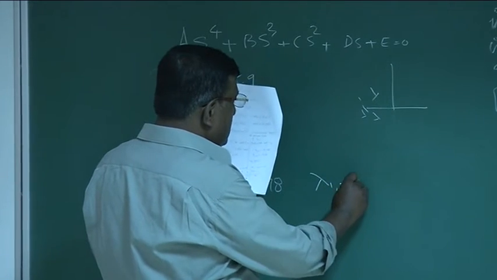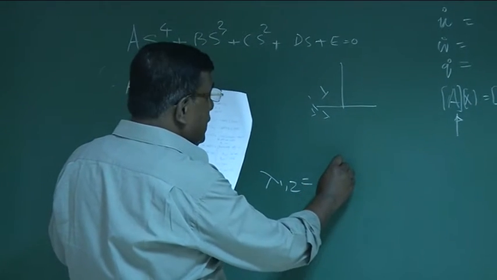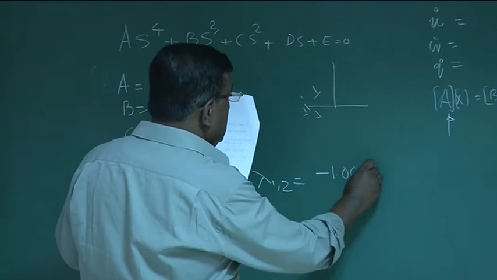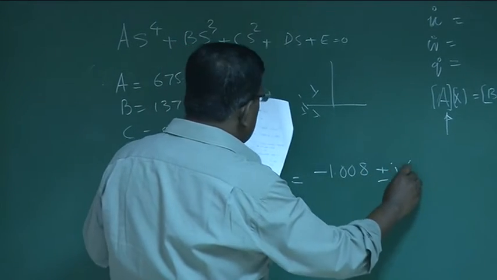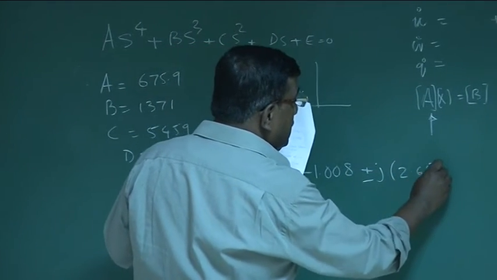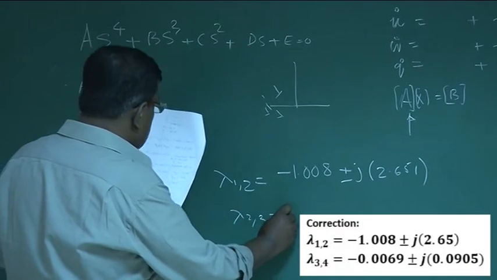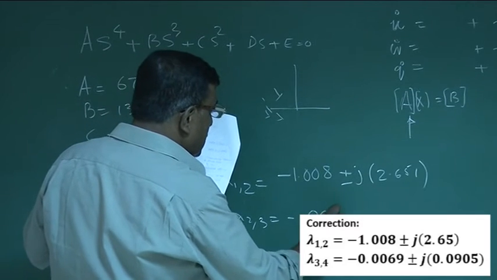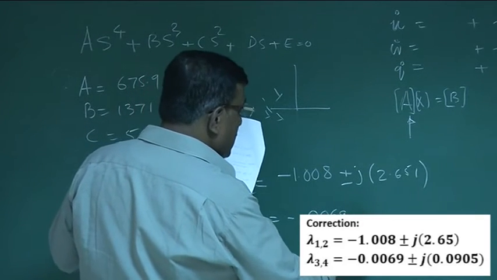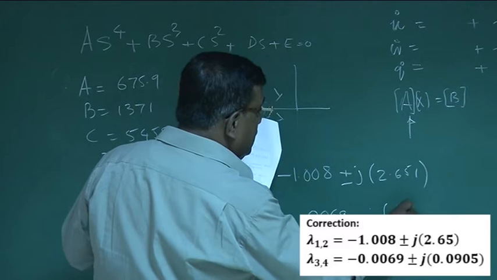One, lambda 1, 2, is minus 1.008 plus minus j 2.651. In another pair we got minus 0.0069 plus minus j 0.0905.